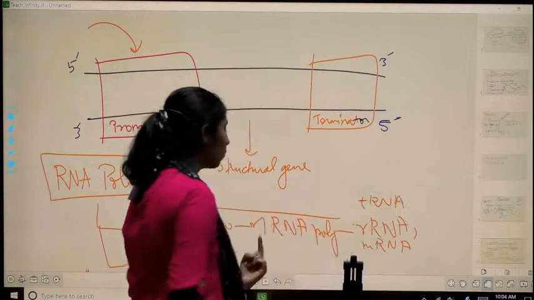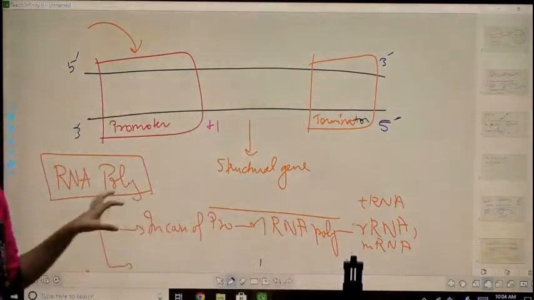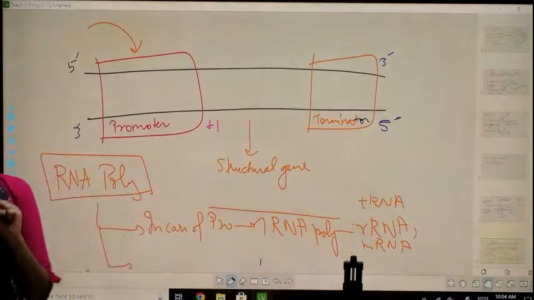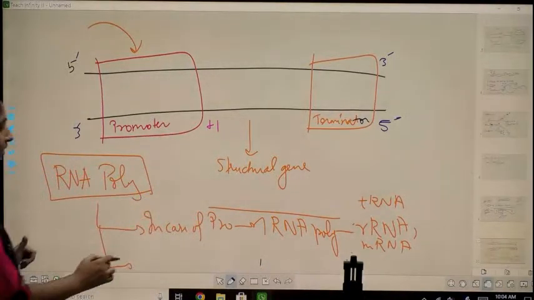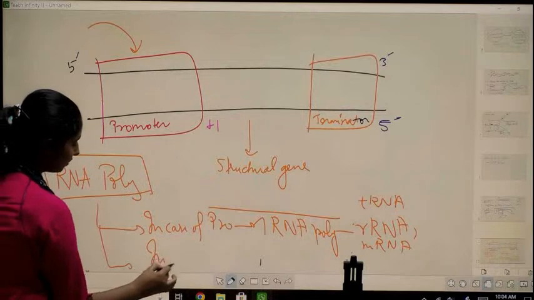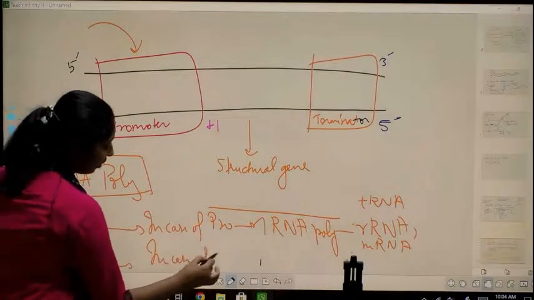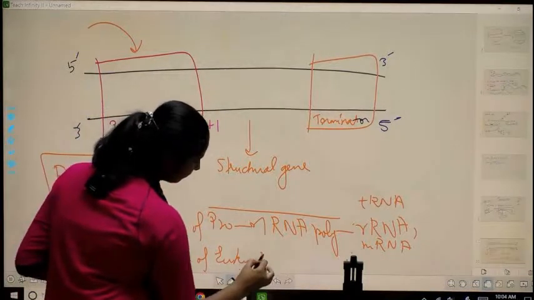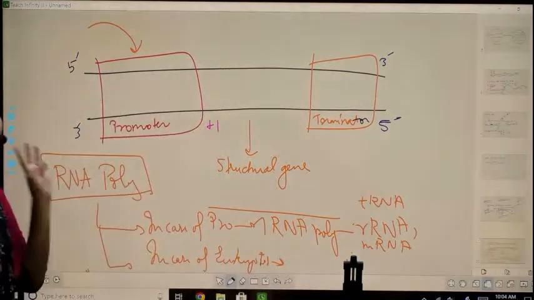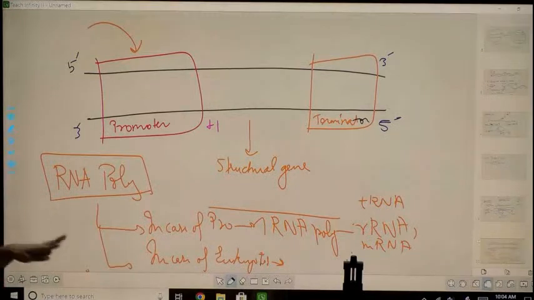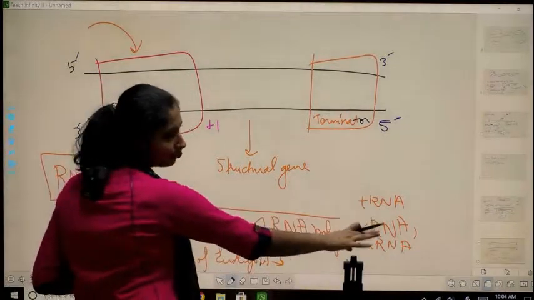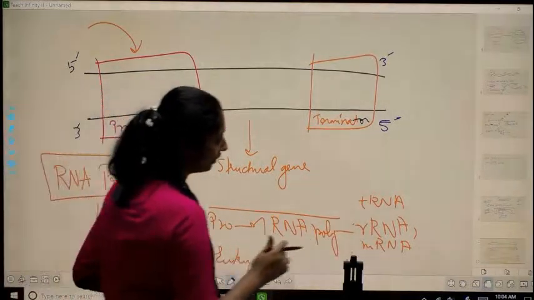So this one RNA polymerase in prokaryotes is going to transcribe all three classes of RNA. Whereas in the case of eukaryotes, we are going to have three different RNA polymerases that are going to transcribe each different class of RNA.